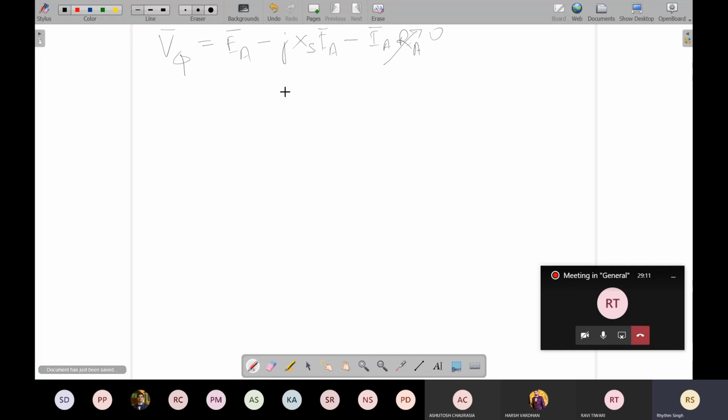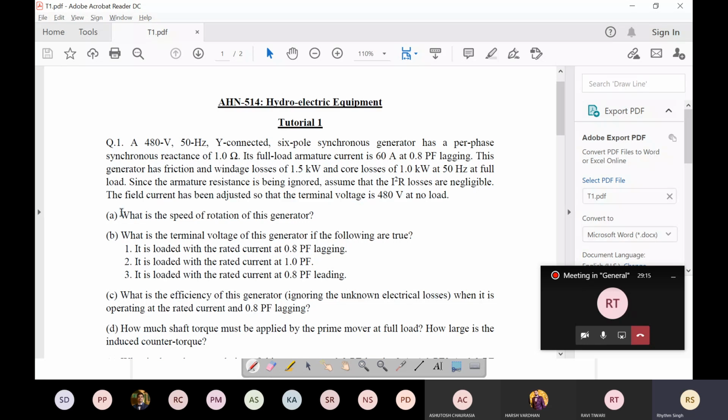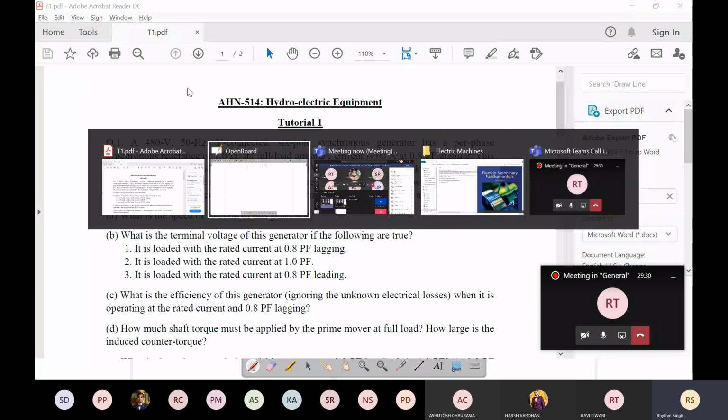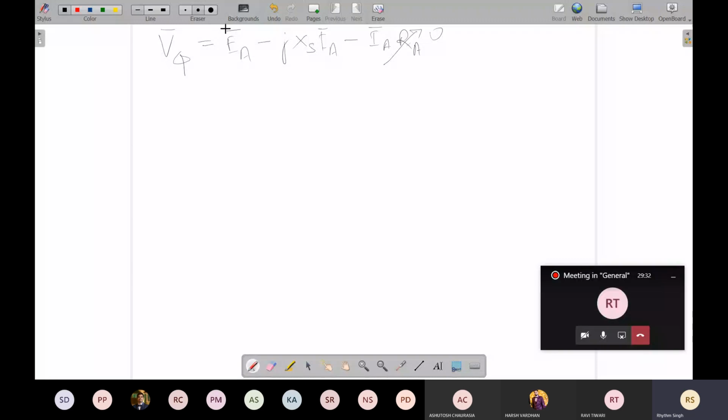And in this also now, what is said here? Last line it says that the field current has been adjusted so that the terminal voltage is 480 volt at no load. So at no load means when IA is equal to 0. When IA is equal to 0, then your terminal voltage is 480 volt. So in that case, this terminal voltage is same as the induced EMF.